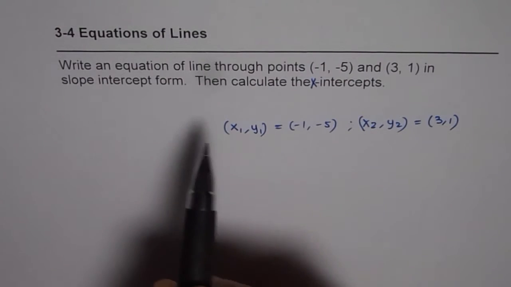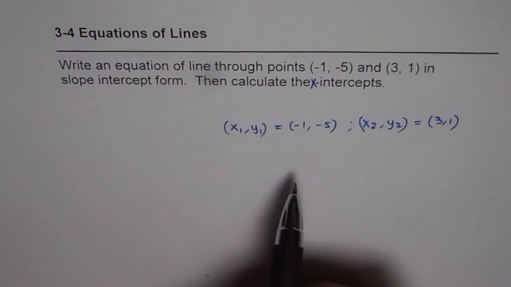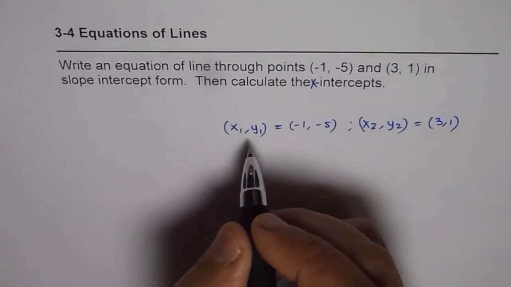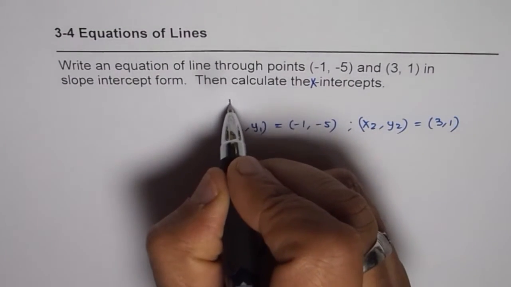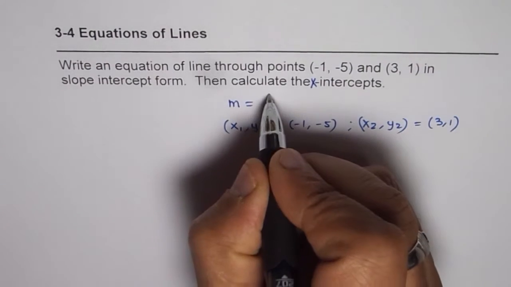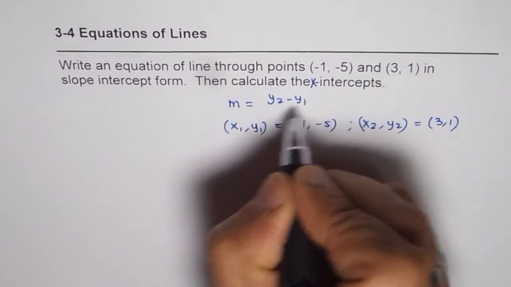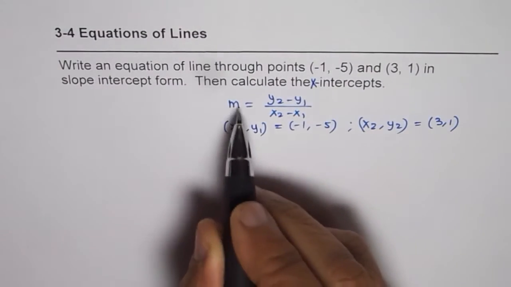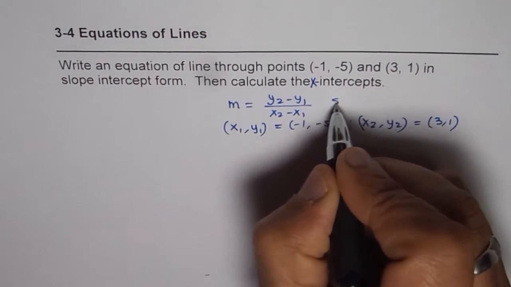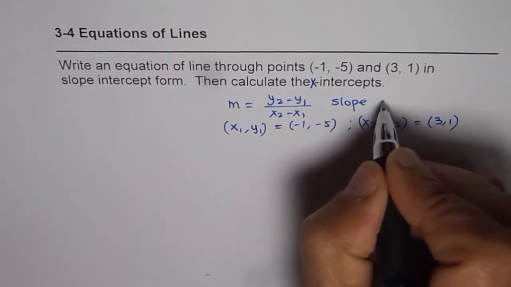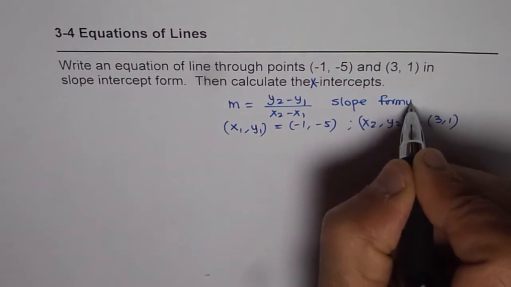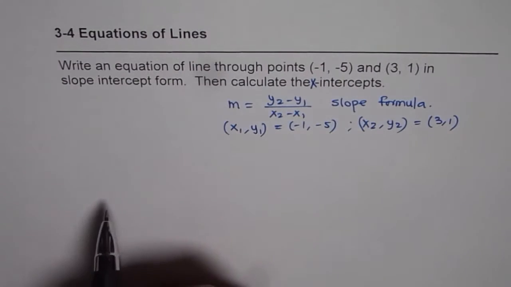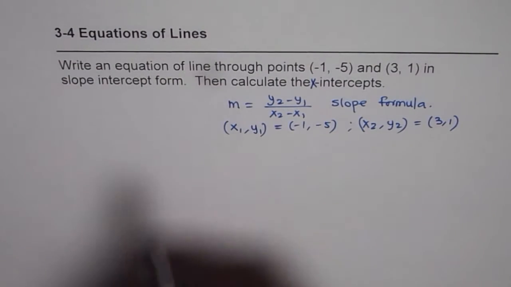To write the equation in slope-intercept form, we need to first find the slope, and from the slope formula, which is m equals y2 minus y1 over x2 minus x1, we can find the slope. So that is the slope formula, right? So we'll substitute these values in the slope formula and find the slope first.